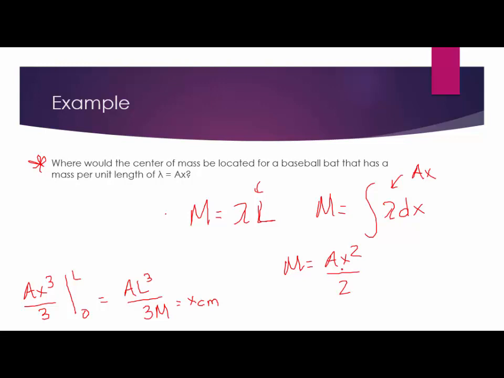If I plug this into this right here, aL cubed over 3 times, I'm sorry, this should be from 0 to L, aL squared divided by 2.